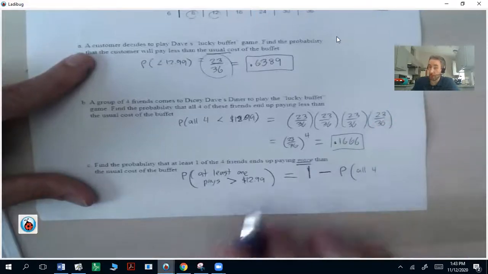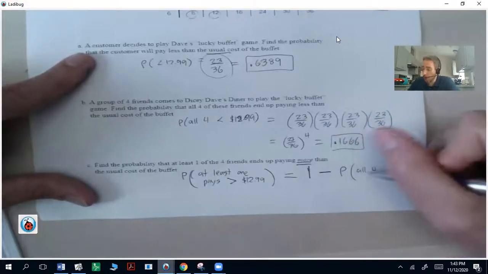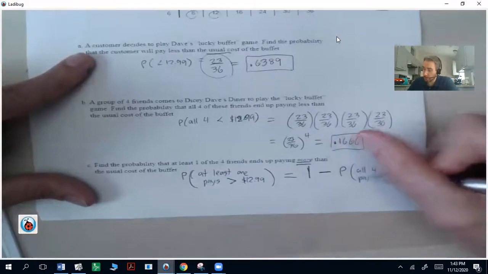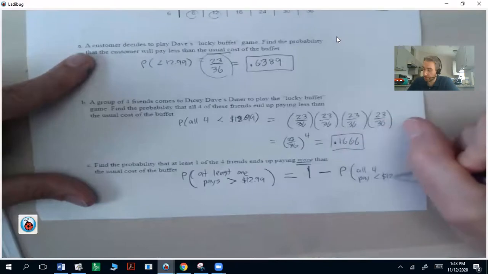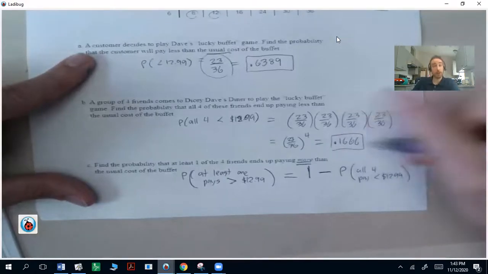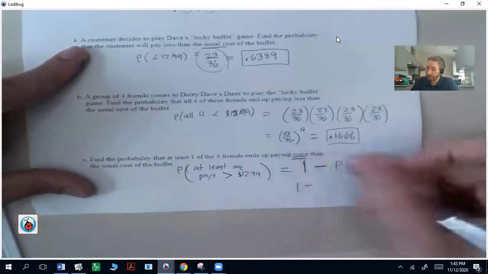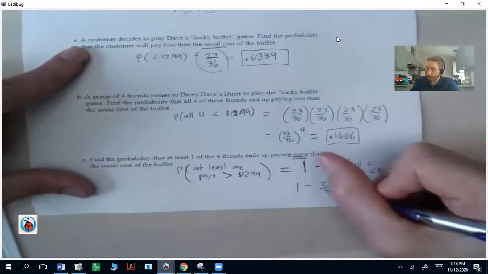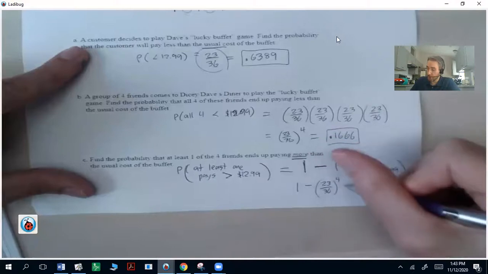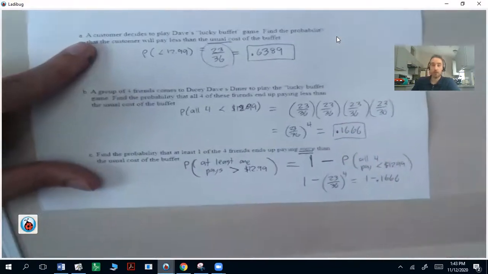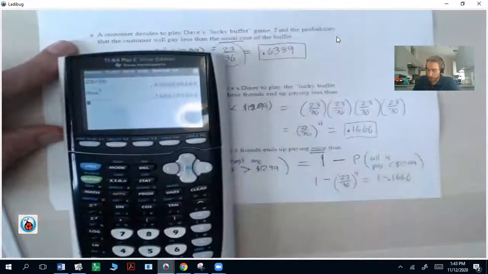Remember, the probability of at least one is 1 minus the probability that all 4 pay less than $12.99. Well, we already have that probability. So it's going to be 1 minus 23 over 36 to the 4th power, which is 1 minus 0.1666, which is 0.8334.